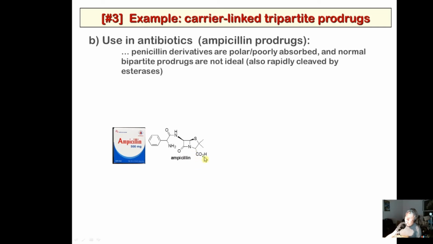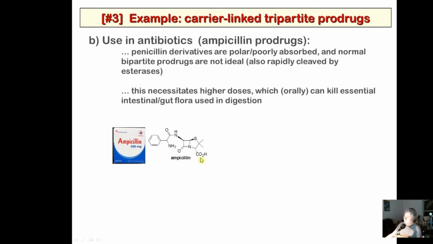Well, if we have some other carrier group here, this usually necessitates higher doses, which if we're taking these drugs orally, can kill the intestinal gut flora. So, being an antibiotic, you have to be careful about this doing nasty stuff to your stomach, especially if you have to take it in high doses to aid absorption. So a tripartite strategy slows the initial cleavage reaction if we attach a prodrug to the carboxylic acid.